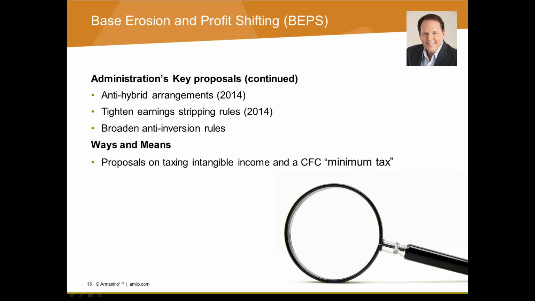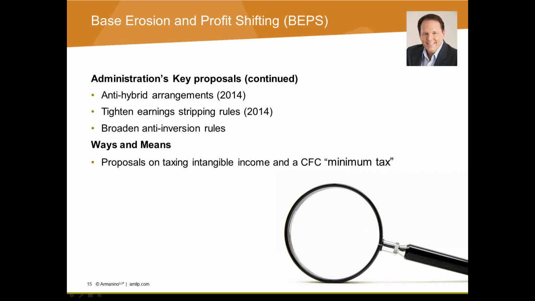So under the anti-hybrid arrangements proposals, the U.S. company would be denied an interest deduction if the foreign person that they're paying it to is paid through a hybrid arrangement, and that hybrid arrangement allows the foreign recipient either to exclude the income or to get a second deduction on interest expense. So if there's a double dip financing structure, or the foreign recipient does not have to include it in the income in the foreign country, then the U.S. subsidiary is denied a deduction.